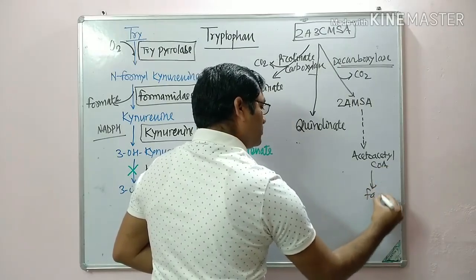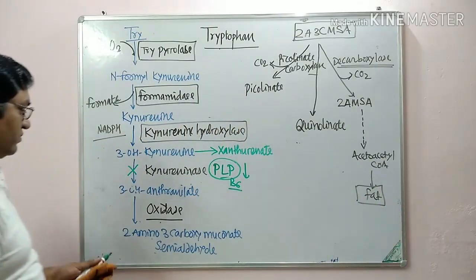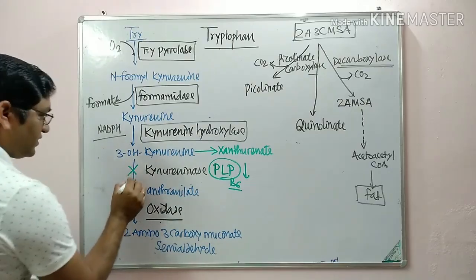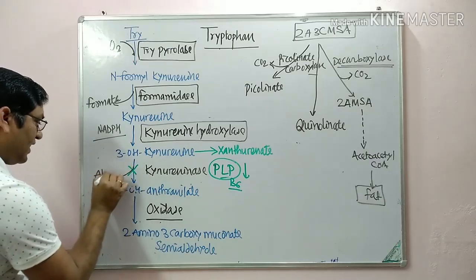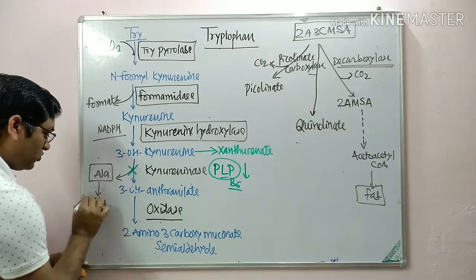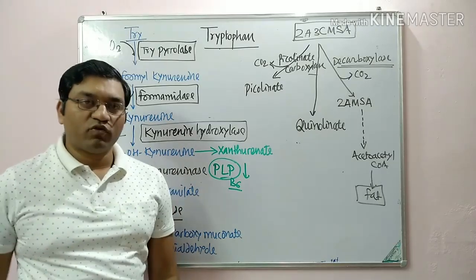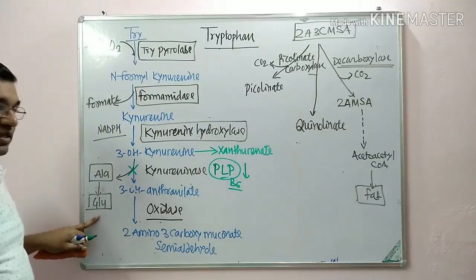So this is the generation of fat here. There is also synthesis of alanine in this reaction, and this alanine will ultimately be converted into glucose. So this is how glucose and fat are generated from tryptophan. One is here and another one is from the alanine.